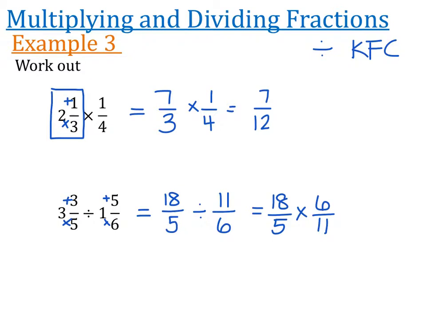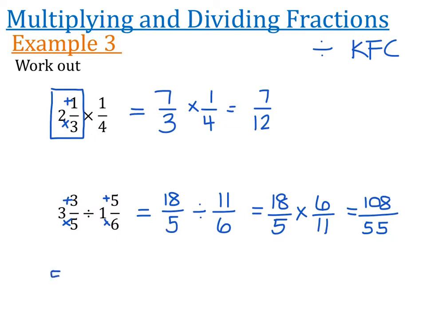We've got 18 times by 6. I am cheating a little bit. Grab my calculator. That is 108. And then 5 times 11 is 55. Now the next thing I'm going to do is I'm also going to rewrite 108 over 55 as a mixed number, because I think that that's an important thing to do.